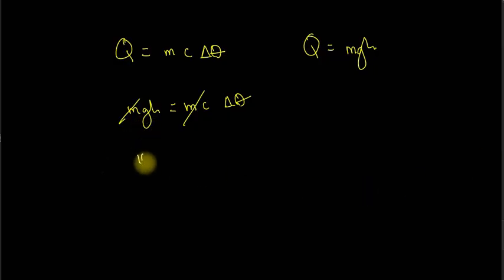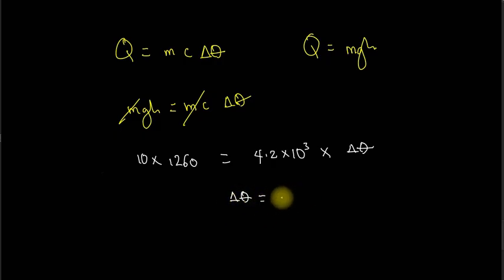So in place of g, we have 10 times height 1260, which is equal to specific heat capacity of water 4.2 times 10 raised to the power 3, and then change in temperature. Okay, that's what we're calculating. So change in temperature would be equal to 10 times 1260 over 4.2 times 10 raised to the power 3. 4.2 times 10 to the power 3 is 4200.